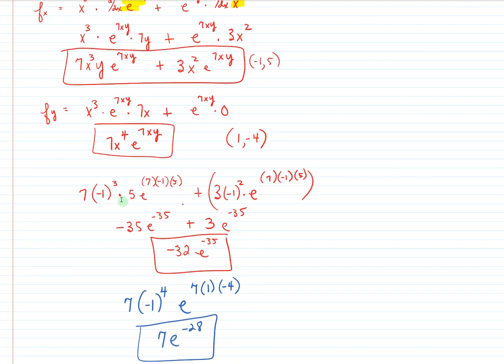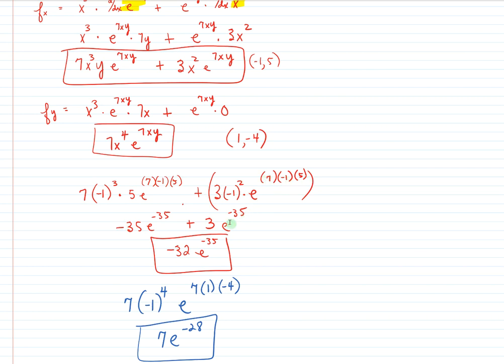So here is where I put the negative 1, 5 into this derivative. And you could do that on your calculator. 7 times negative 1 cubed times 5 e to the, looks like negative 35, plus 3 times negative 1 squared e to the negative 35.